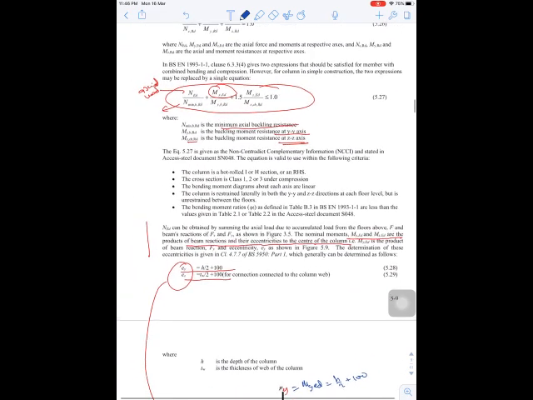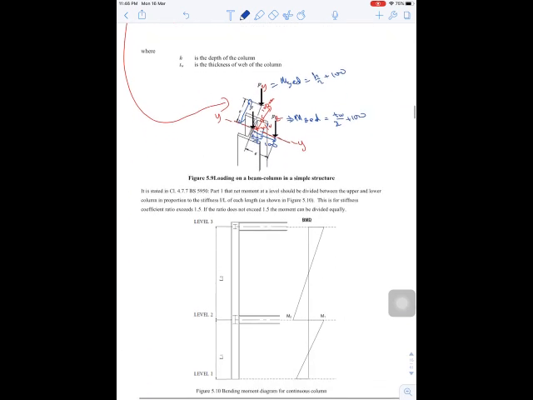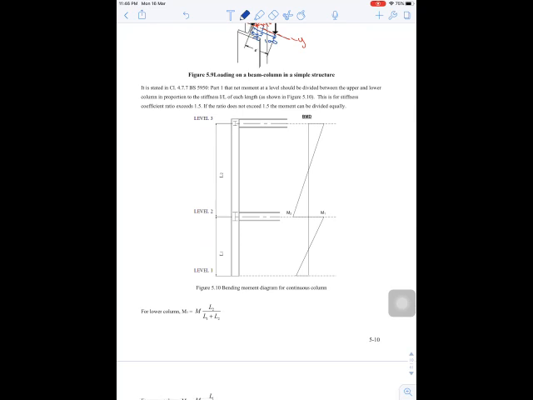So now you are aware of what this moment is, and that will be the axial load, and My,Rd and Mz,Rd are the ones that we need to find. Okay, let's go into the example.